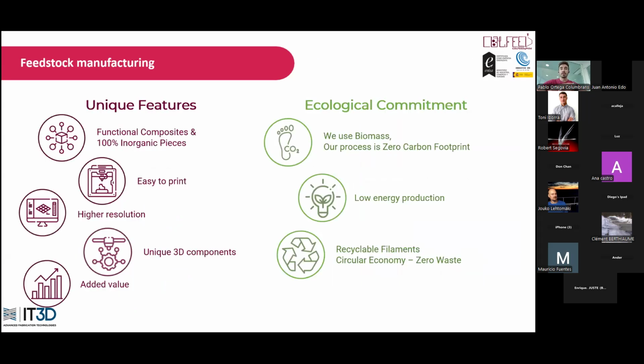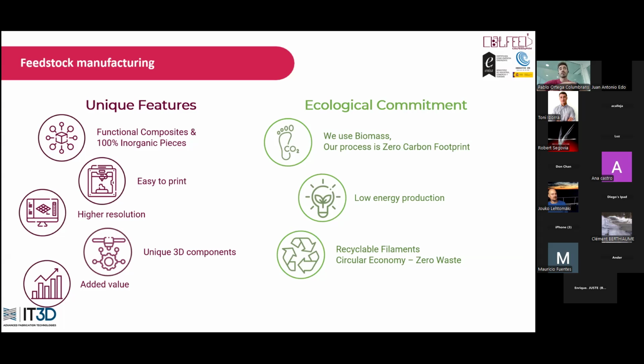Something more about our processing route is that we use PLA as a thermoplastic matrix, so our materials have a neutral carbon footprint, with much less energy consumption than traditional thermal mixing, in a totally circular and sustainable process.